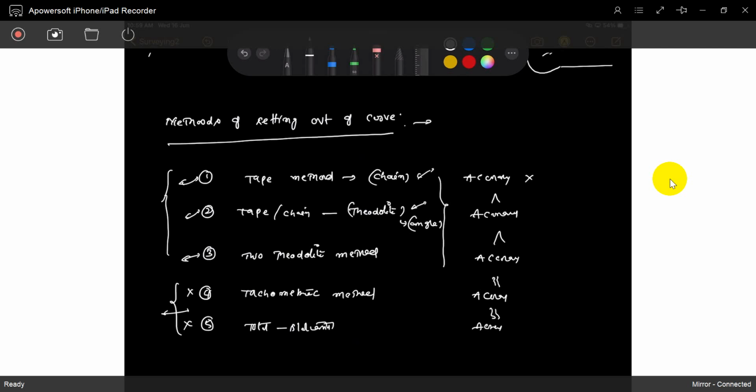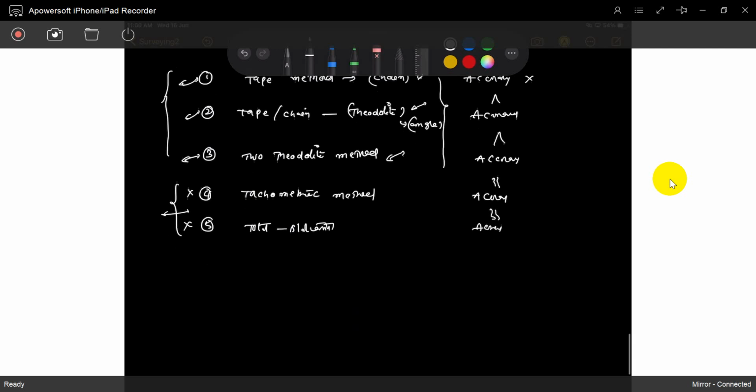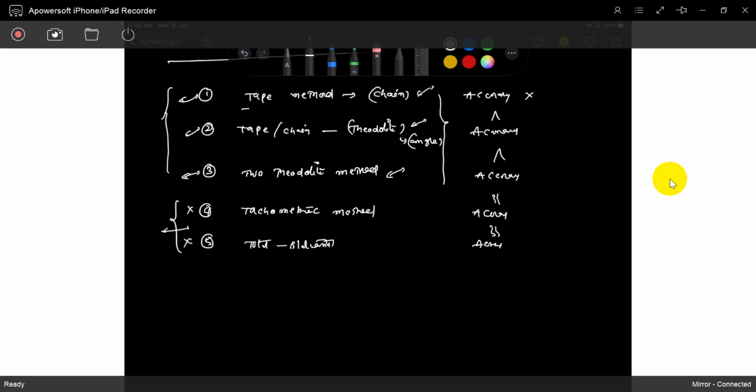If you have two theodolites and two different expert people, then we can go through this method. That is the base method. Why are so many methods required? We could do only one method, but it depends on the availability of equipment and resources. That's it. Next class we will discuss tape methods.